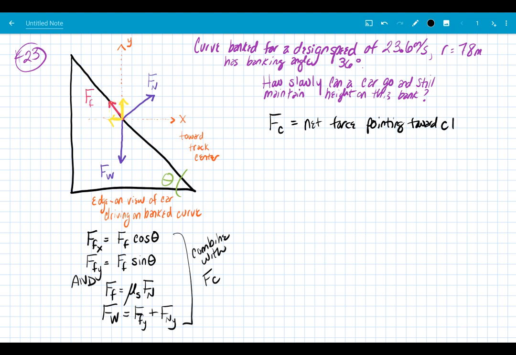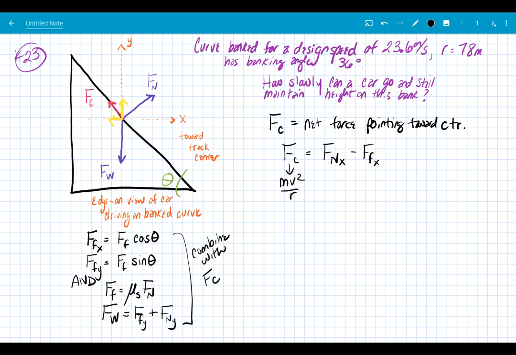And the center of the circle in this case is where I have drawn that toward track center. So FC is equal to Fn in the X direction minus the friction force. We did this qualitatively the other day, but really didn't fill in much else. So that's mv squared over r.